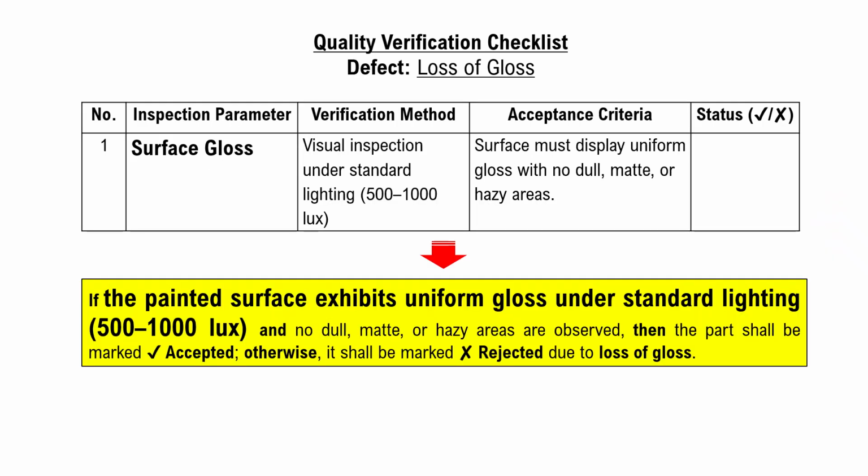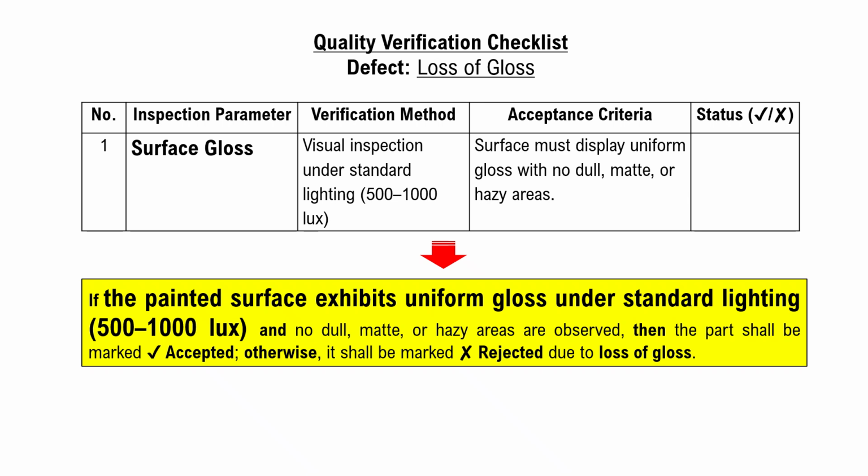So coming back to the quality verification checklist applicable to loss of gloss, our first checkpoint is surface gloss. The verification method is visual inspection under standard lighting from 500 to 1000 lux.